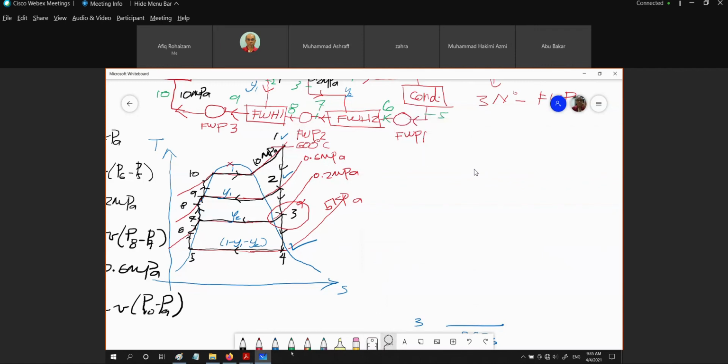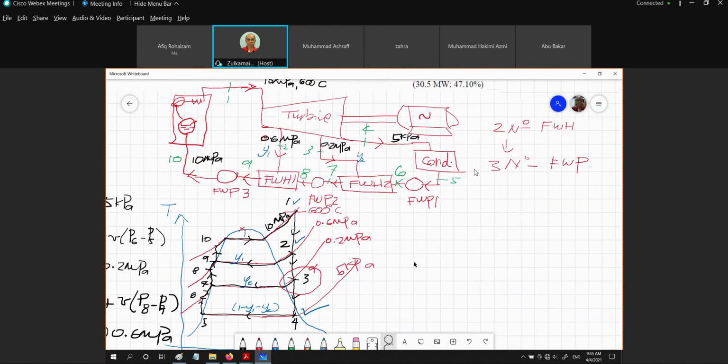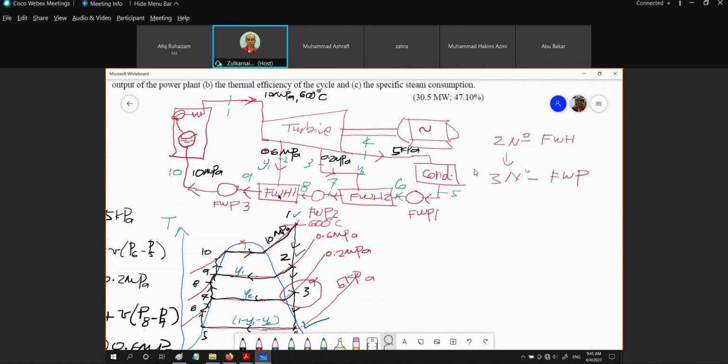So if y1, we are going to look at this part, correct? So for y1, we are going to look at the feed water heater number 1, the energy balance. Y1 H2 plus what is flowing at 8?